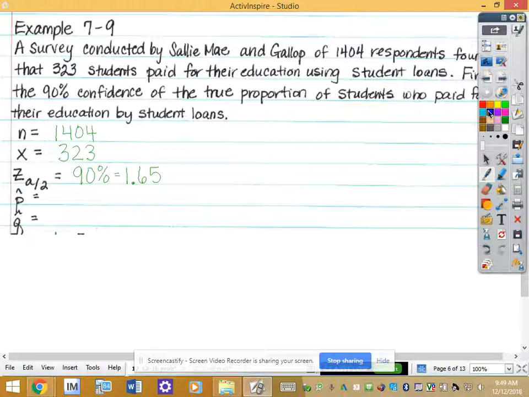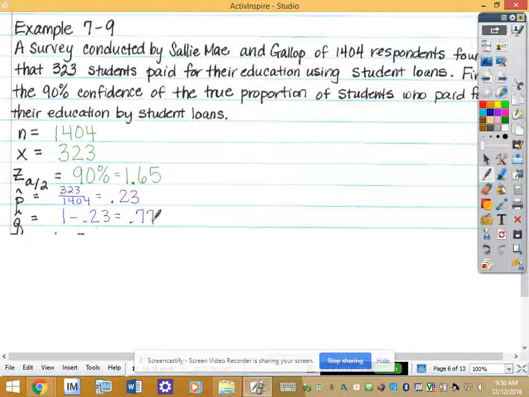So let's make sure we remember how to do this. P hat is X over N, so that would be 323 over 1404. Now, when I put that in the calculator, you should get 0.23, or 23%. Then Q hat is going to be 1 minus 0.23, which is going to give me 0.77.